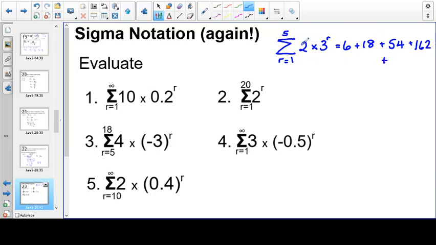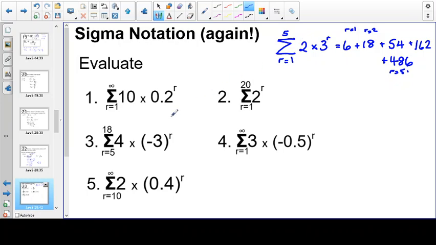And then the fifth term is 2 times 3 to the power 5, which is 2 lots of 243, so 486. Okay, so the sigma means sum of, so you're adding up, that's where r equals 1, that's where r equals 2, up to where r equals 5. So first position, last position, and that's the rule to generate.